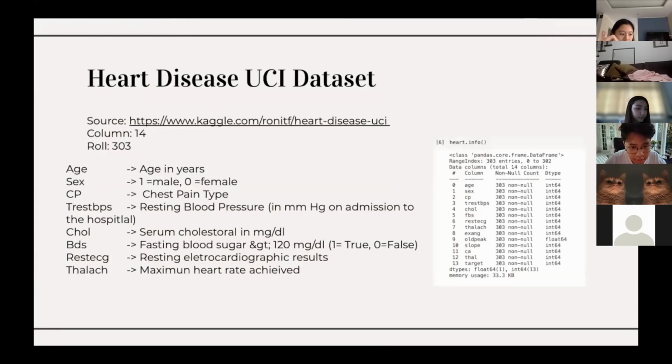This is the heart disease UCI dataset from Kaggle with 14 columns and 303 rows.